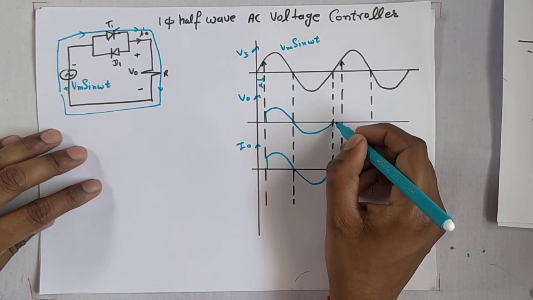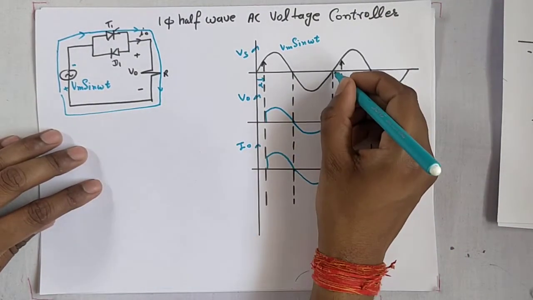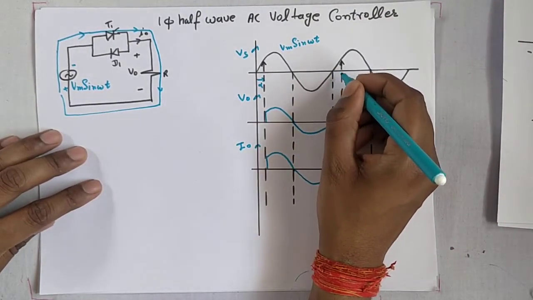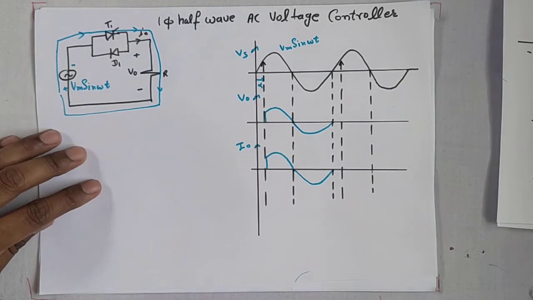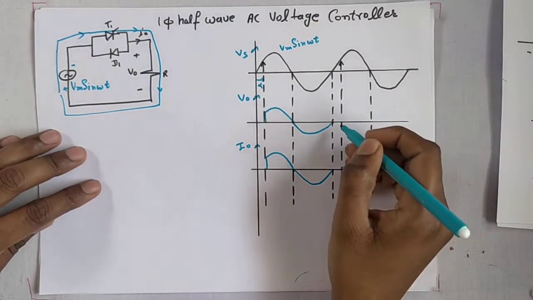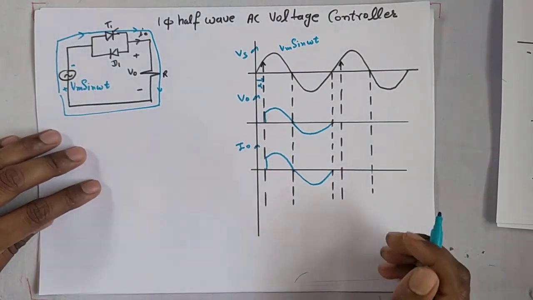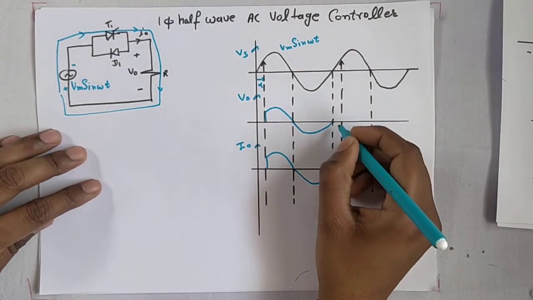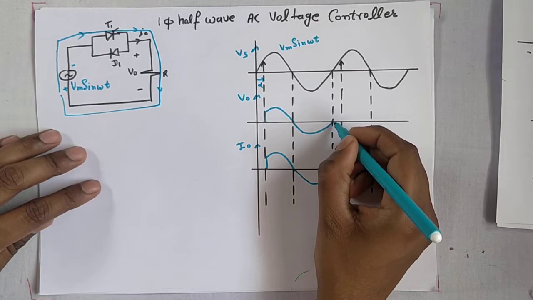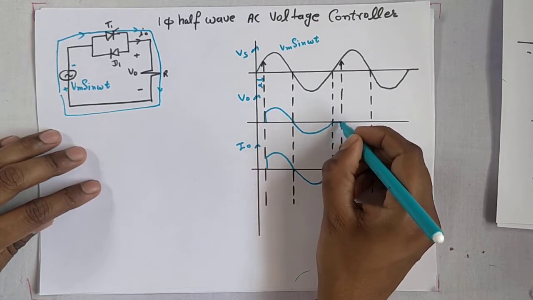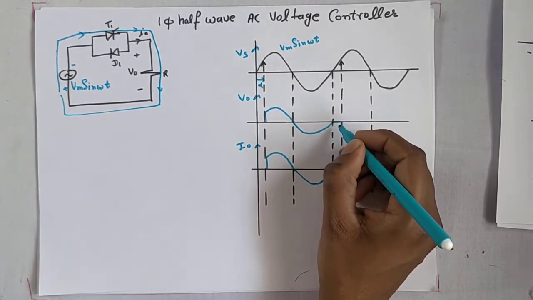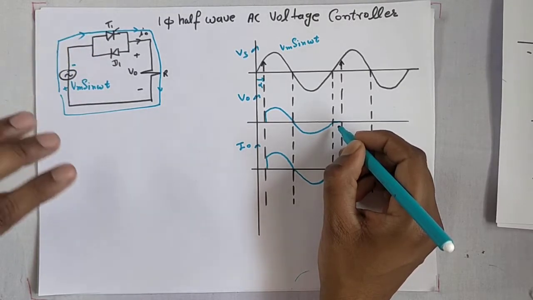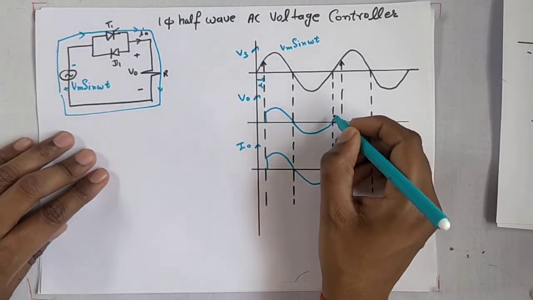Now again, for the positive cycle, you are not triggering the thyristor T1. So the output is 0. D1 cannot be turned on; only T1 can be turned on, and you are not triggering T1.